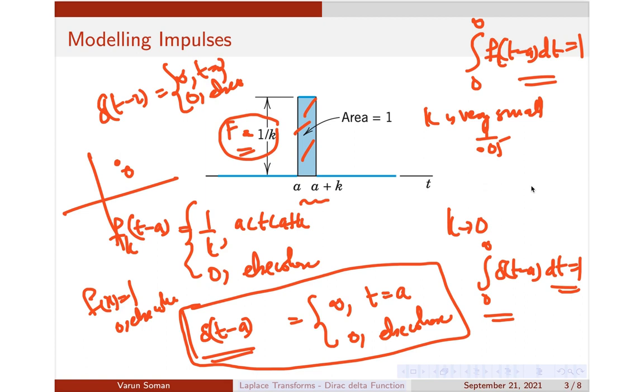Usually this integral value, the area under the graph, is also called the impulse of the function. The impulse in mechanics is defined as simply the integral over the time period where the function is acting, f_k(t minus a) dt. That is the definition of impulse. This is not required for you.